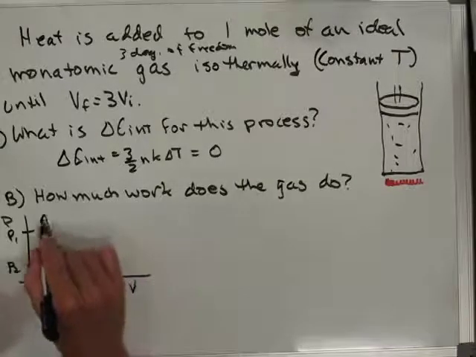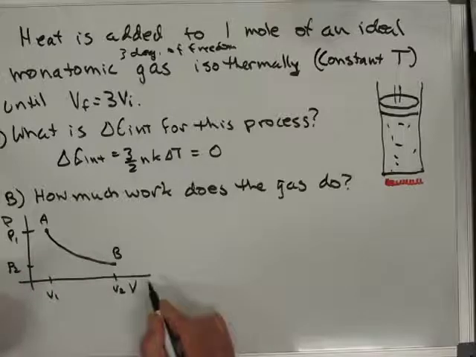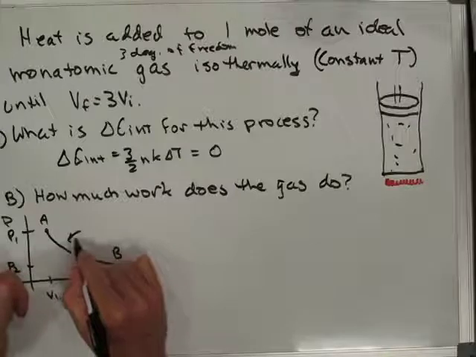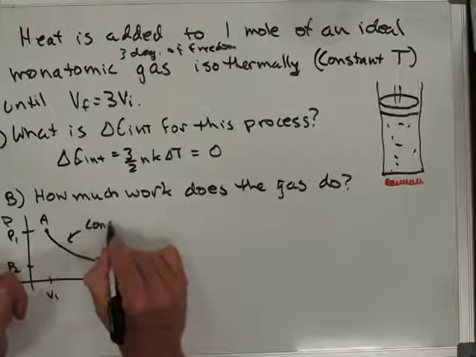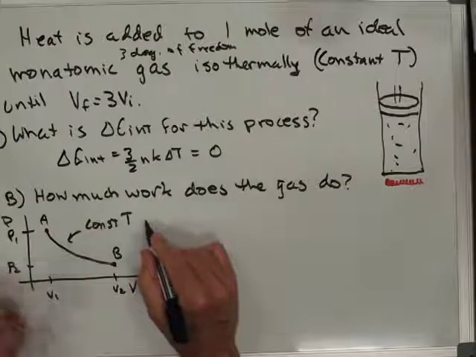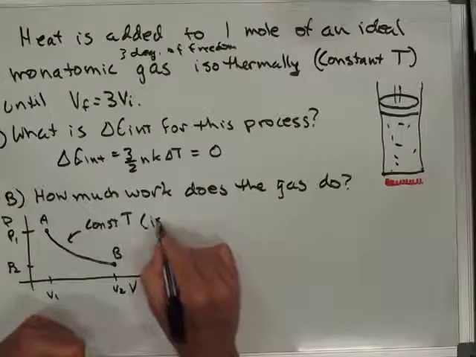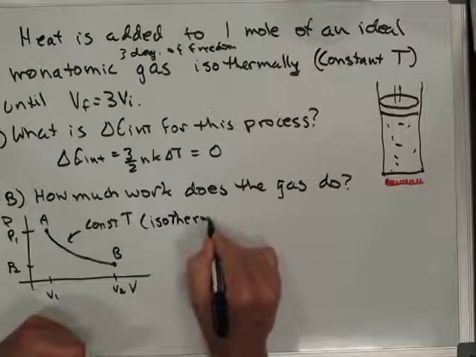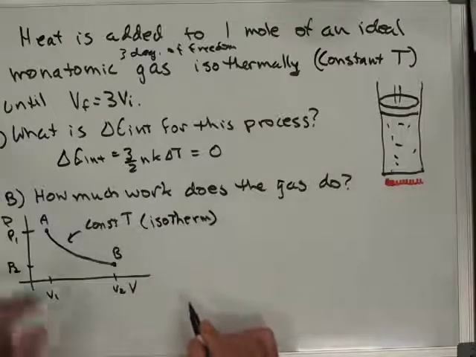These are points A and B. And so the path it takes is one of constant temperature. This is called an isothermal path, or just an isotherm, if you want to call it that.